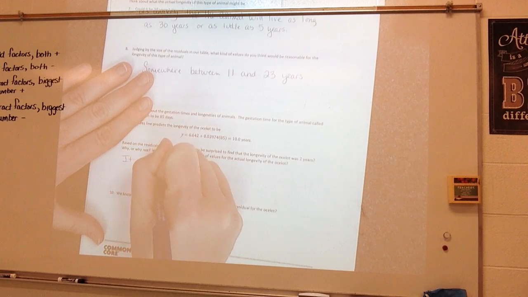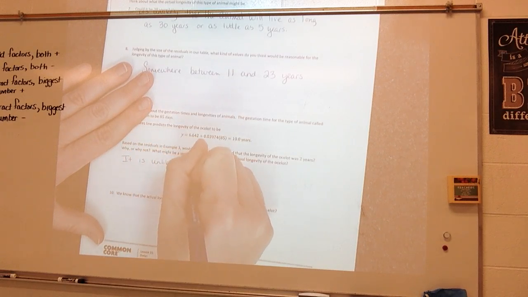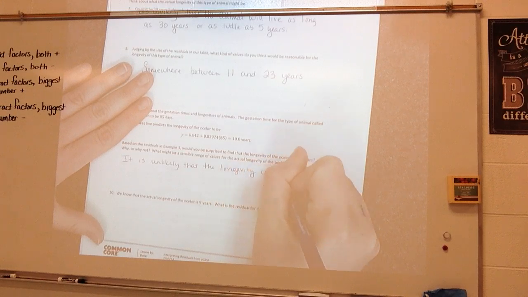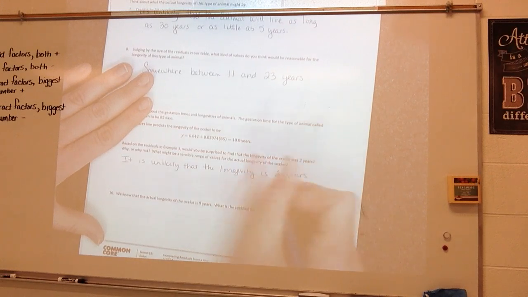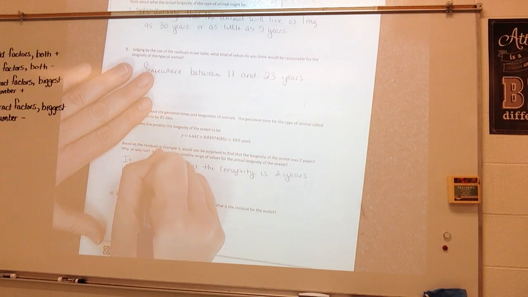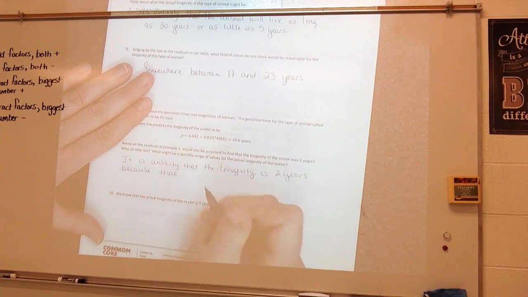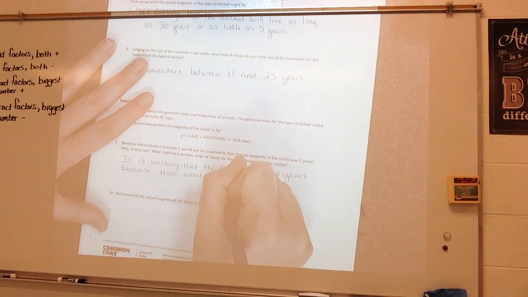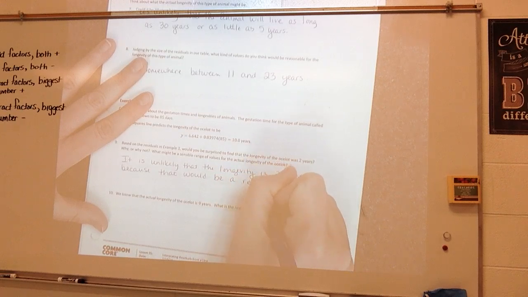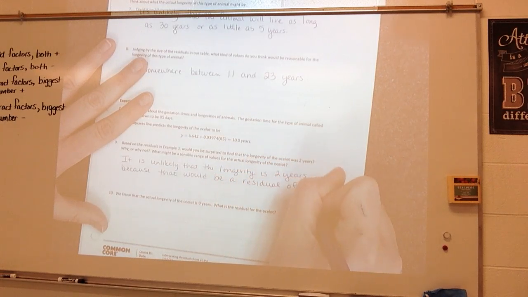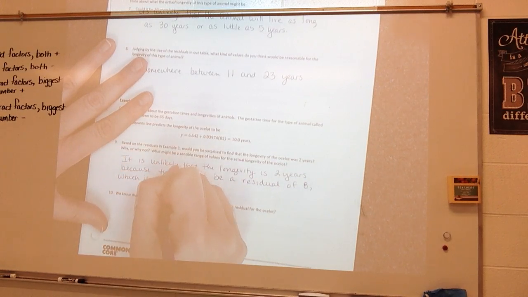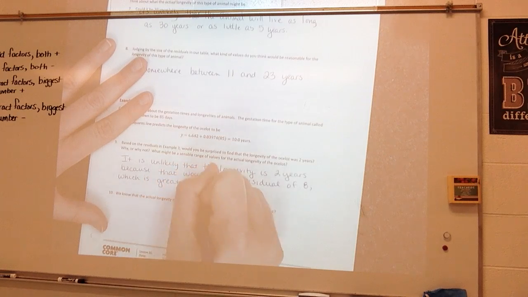So it is unlikely that the longevity is 2 years, because that would be a residual of 8, which is greater than our data.